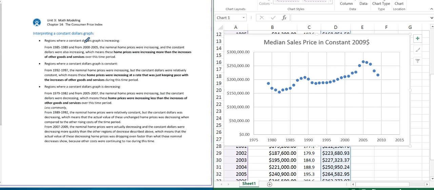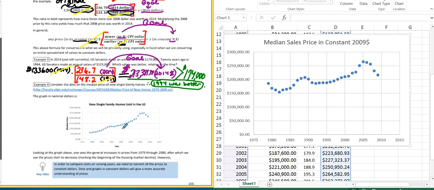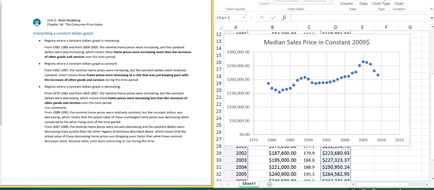So regions, first of all, let's keep one thing in mind: generally speaking, in nominal dollars, the median price of homes was generally increasing. Now, here we are studying what those increases meant when we converted them into constant dollars. So focusing on regions where the constant dollars graph, this graph we just found, is also increasing. So maybe I highlighted a couple in the notes.